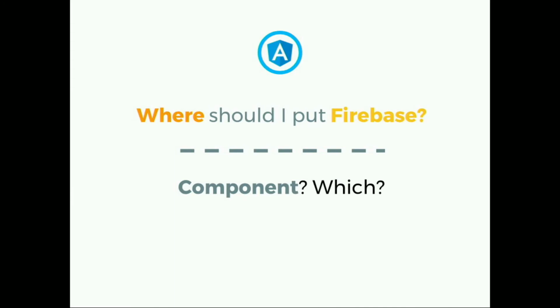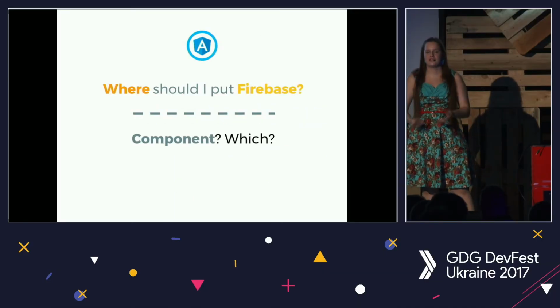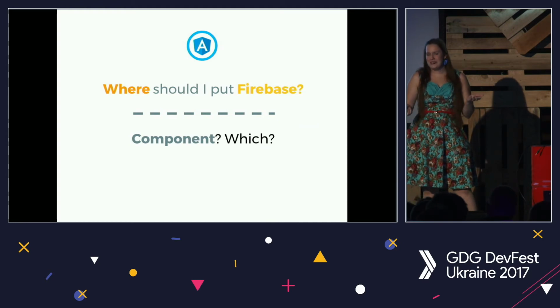Well, as I said, AngularDart or Angular applications are created from components. So, should you put listening to Firebase or saving to Firebase in a component? Which component? Because we want to have it available in all those components. So the main component?